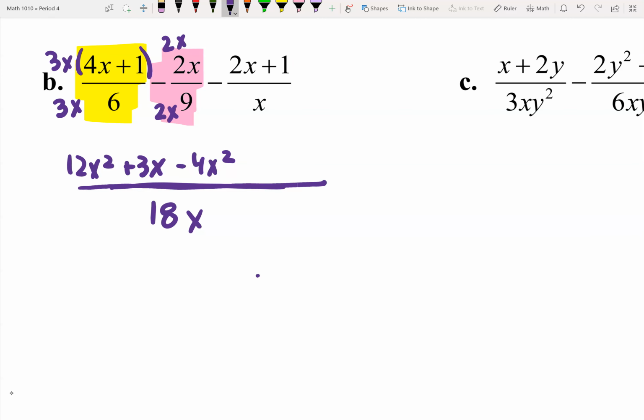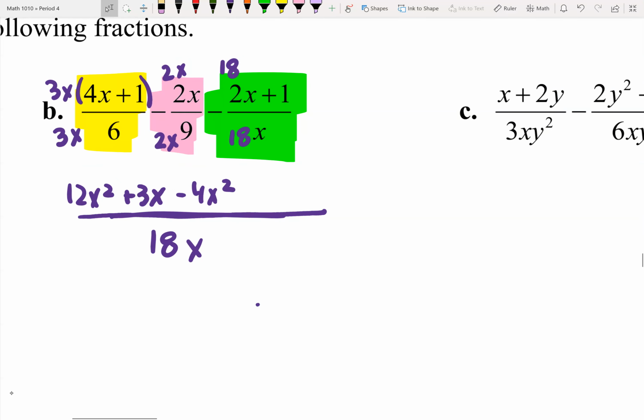Here comes the tricky part. Look at the last guy. He has the x, he's missing the 18. So I have to multiply top and bottom by 18. I want someone to raise your hand and tell me what we have to be so careful about. It's the negative out in front.